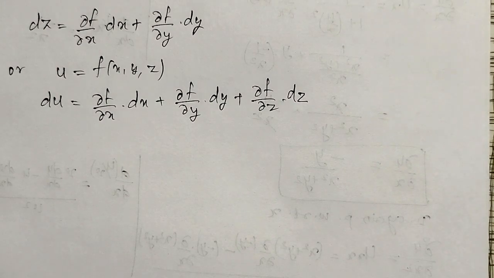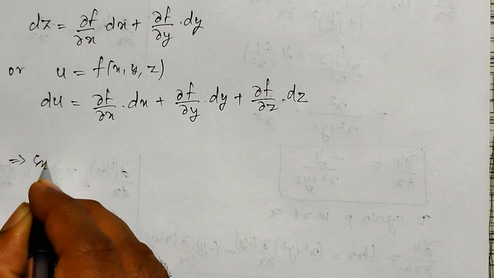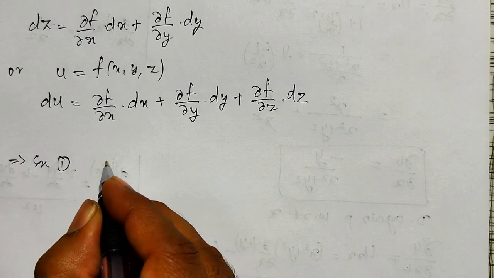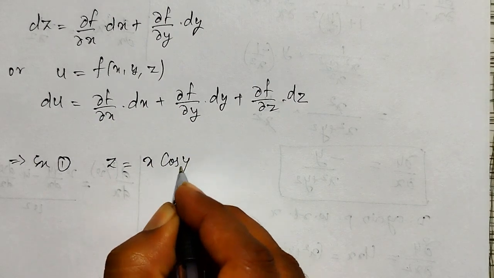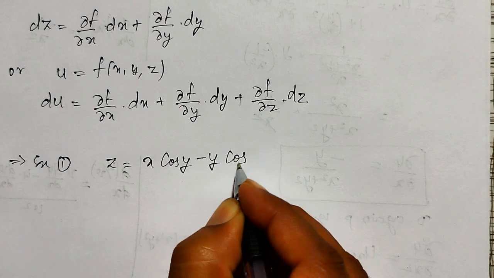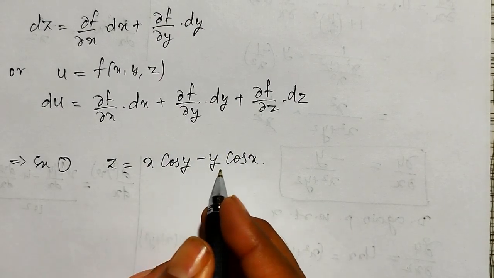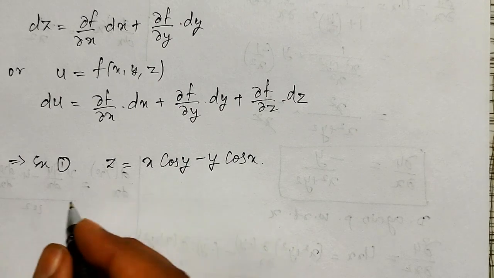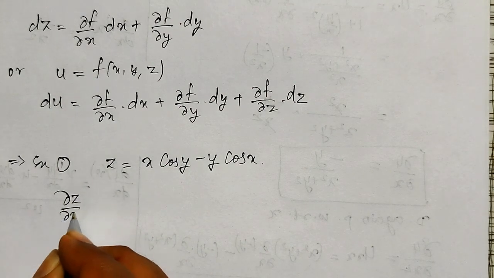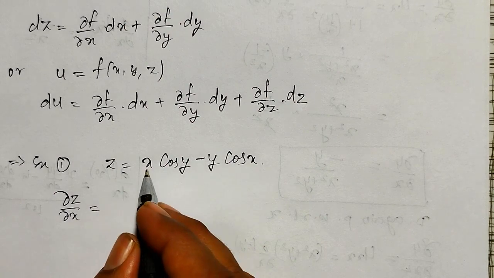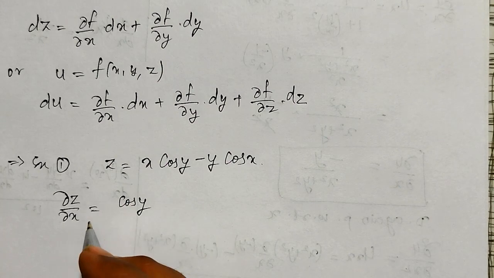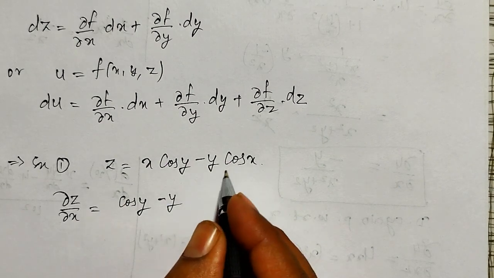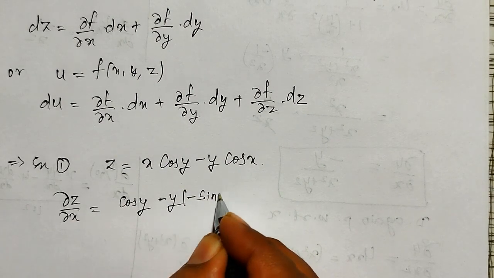Say for example, f is a function. Example I will take here: if z is equal to x cos y minus y cos x, z is a function of x and y. Then the partial derivatives: dou z by dou x. To find that, x into cos y, therefore it is cos y, the partial derivative of x is 1, minus y into the partial derivative of cos x, which is minus sin x.